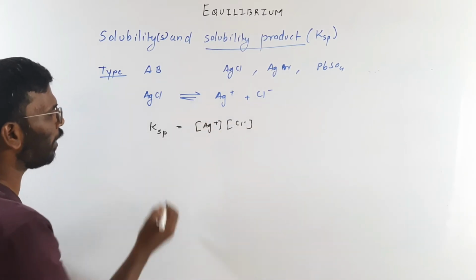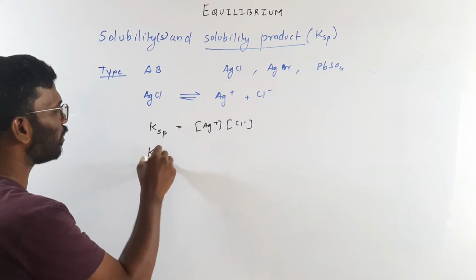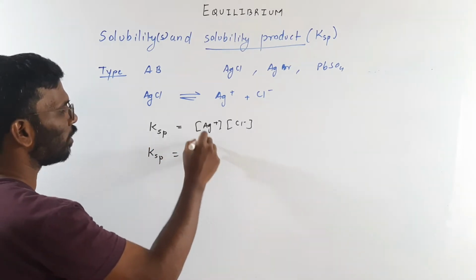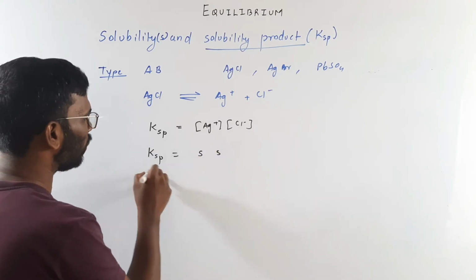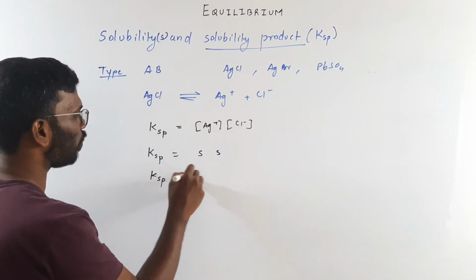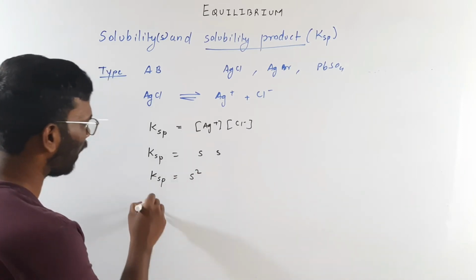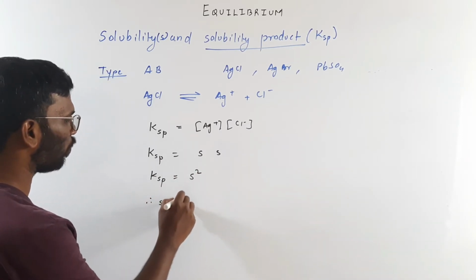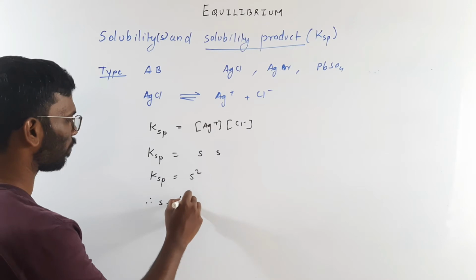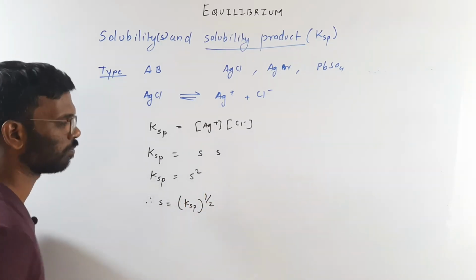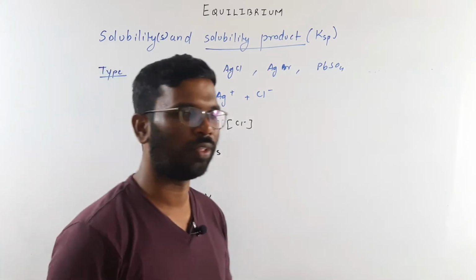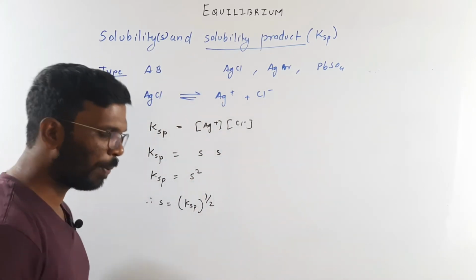Now how this is related to the solubility is, I can say that this is S multiplied by S. So KSP is equal to S square. Therefore, S is equal to KSP raised to half. This is when it is AB type.